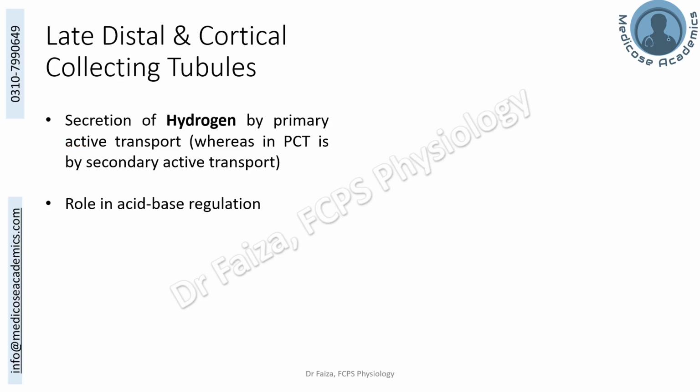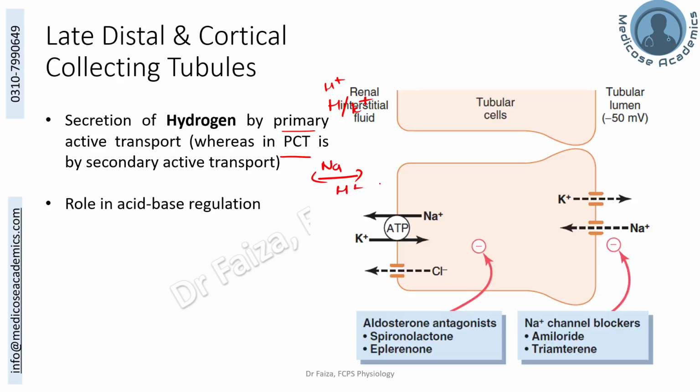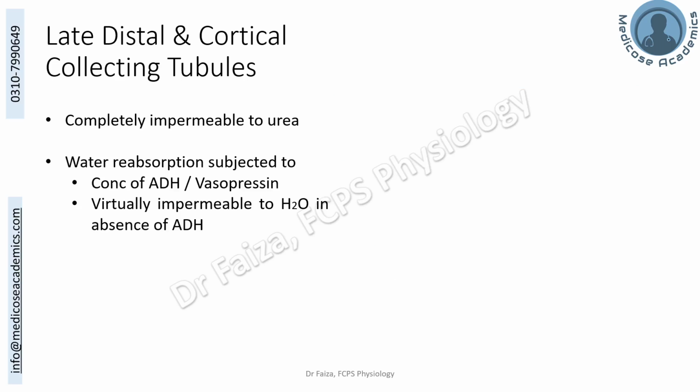Late distal and cortical collecting tubules secrete hydrogen ions by primary active transport, as you have seen, by hydrogen ATPase and hydrogen potassium ATPase, whereas in the proximal convoluted tubule, this was being secreted by the sodium hydrogen counter transport. So they have a special role to play in acid-base regulation as well.